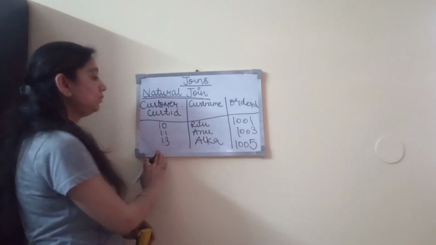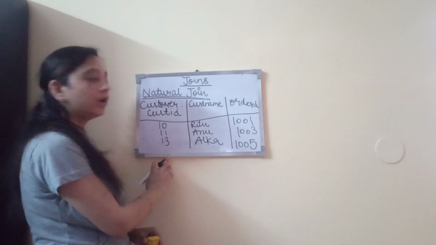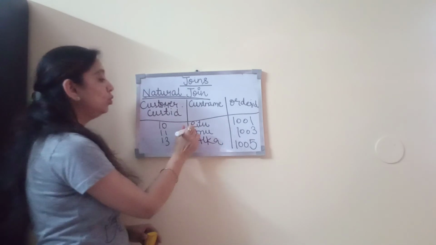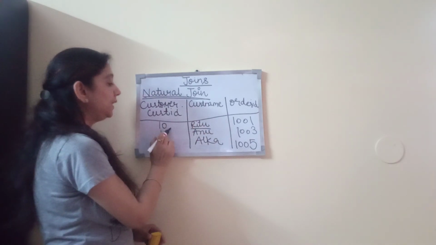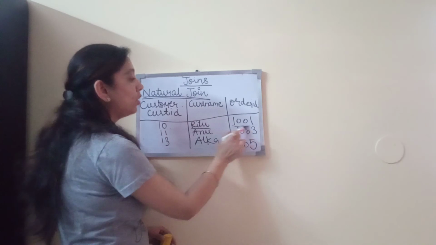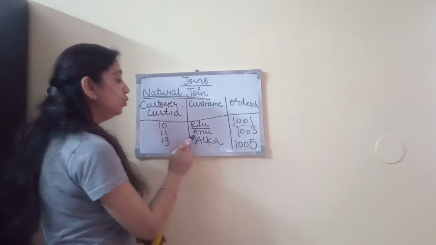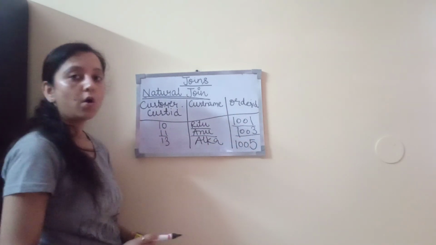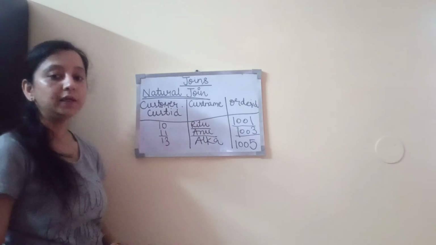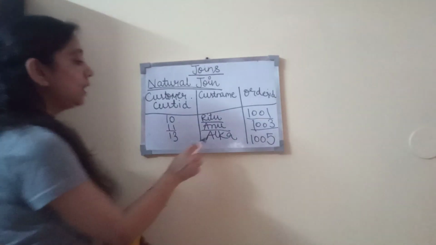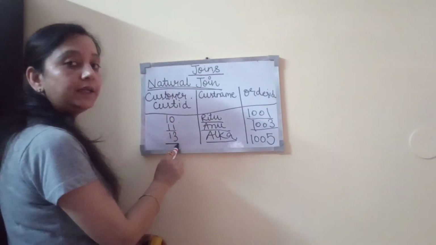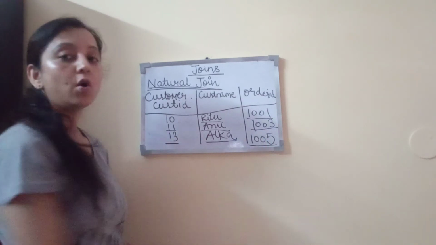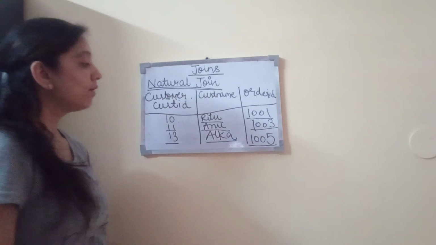So we get the same thing that we got in the case of equijoin, that is, Ritu having customer ID 10 has placed an order having order ID 1001. Anu having customer ID 11 has placed an order having order ID 1003. Similarly, Alka having customer ID 30 has placed an order having order ID 1005.